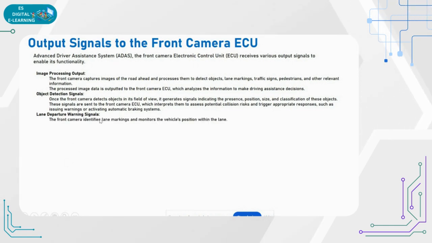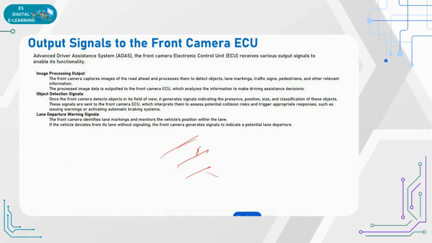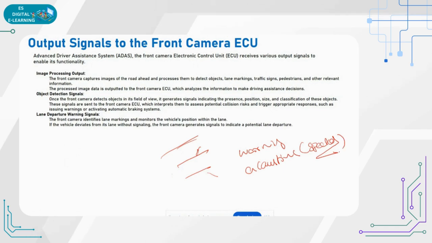And lane departure warning: specifically, the car moves within the line, and if any diversion happens towards the other side, it will give a warning and an acoustic sound, like from a speaker. Such as warnings like you crossed the line, stay within the line, and the warnings will be displayed on the control unit. So that's about the lane departure warning signals.